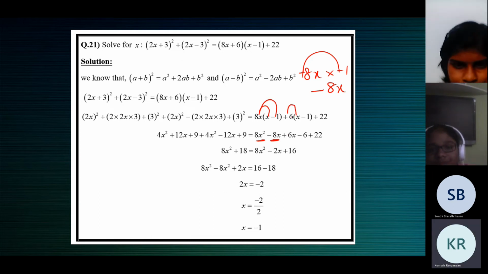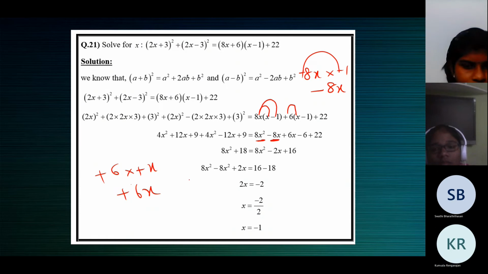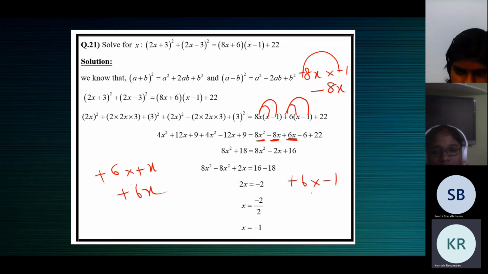Plus 6 into x, both are positive, so plus 6x. Then plus 6 into minus 1: 6 ones are 6, plus into minus, minus, so minus 6. And plus 22 as it is.